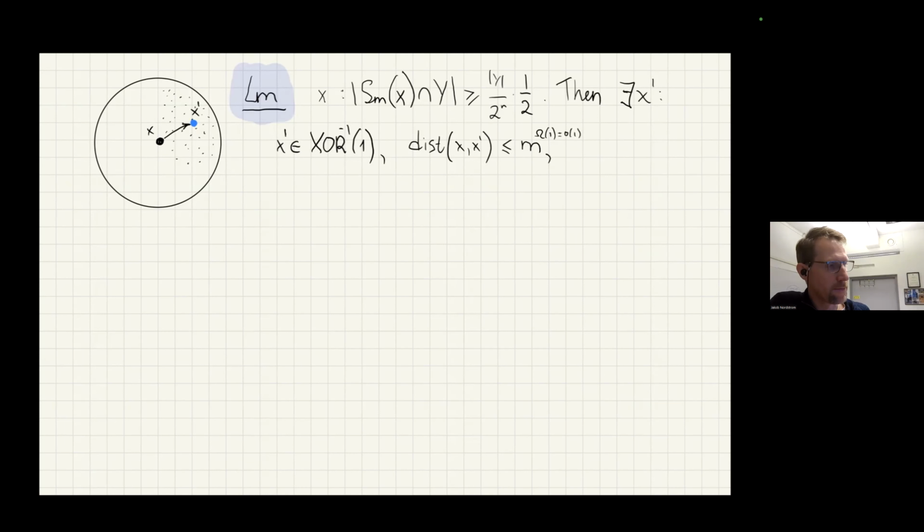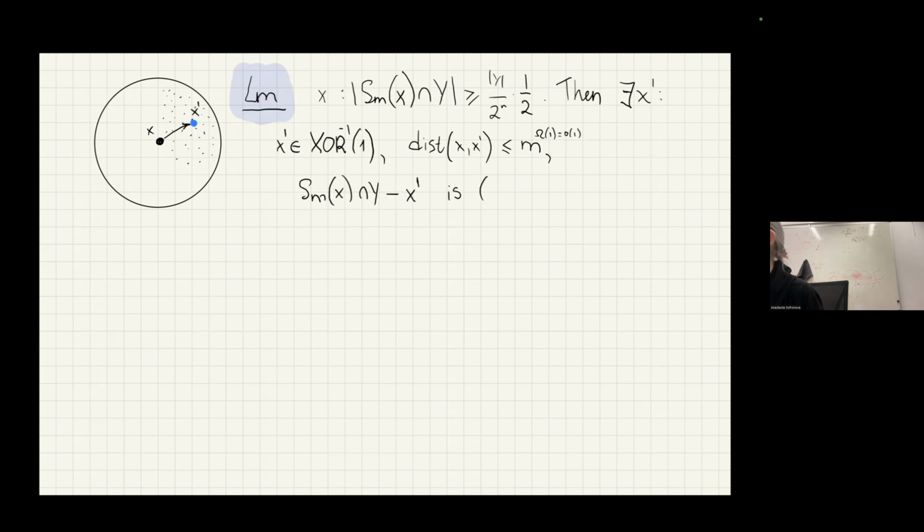So the distance is not too large. And then when we're looking at this set, and we're looking at the difference between this set and X prime, then this family is P epsilon satisfying, where I will define P in a moment.